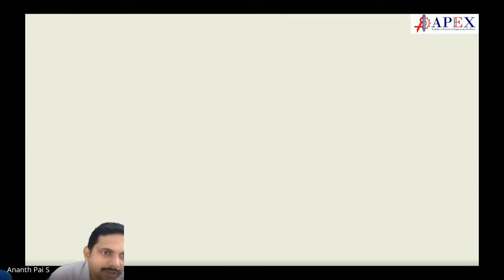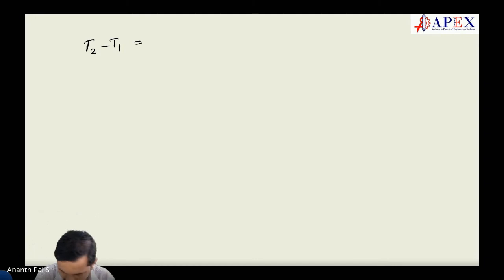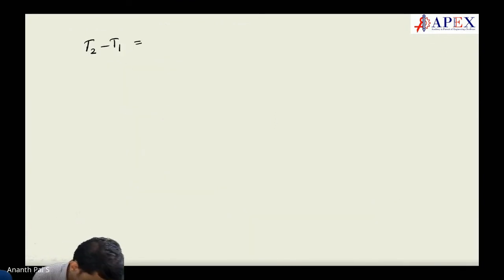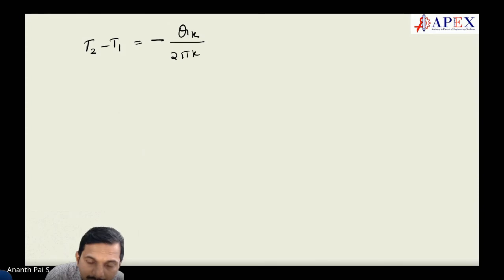So now when you integrate, you get T2 minus T1, integrating from T2 to T1. T2 minus T1 is equal to minus Qk divided by 2 pi Kl into log of R2 by R1.